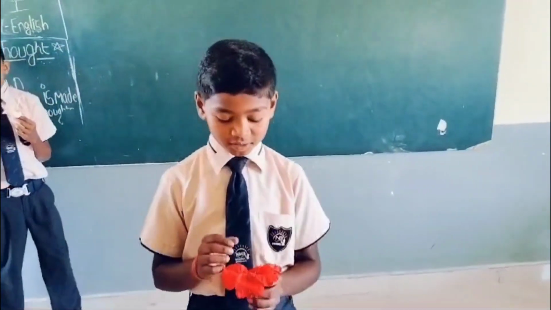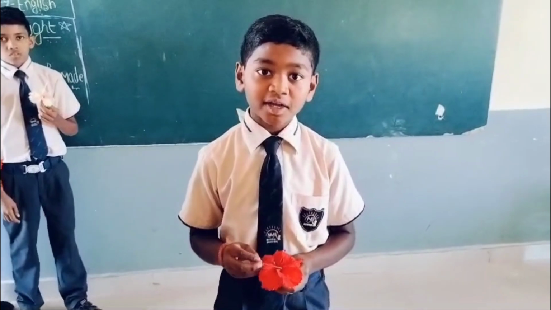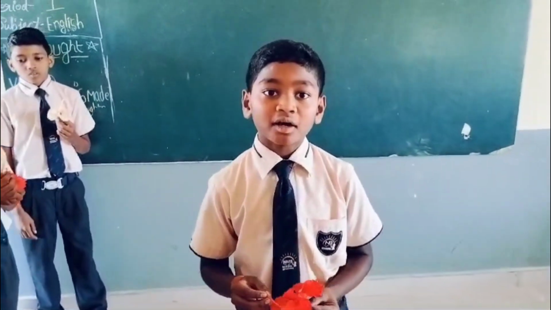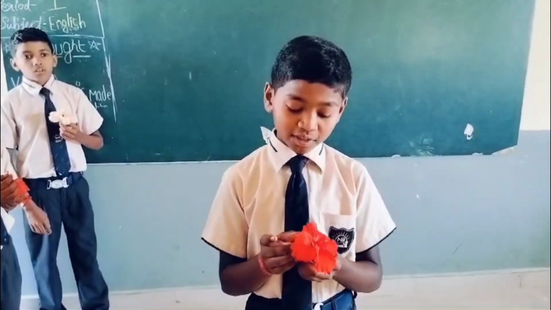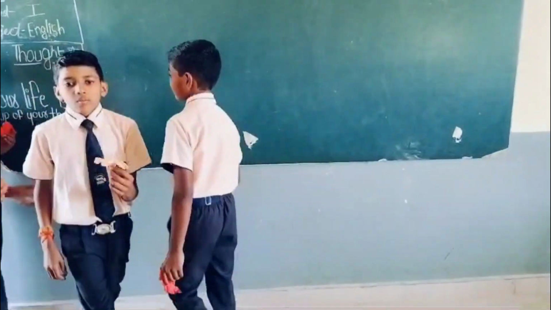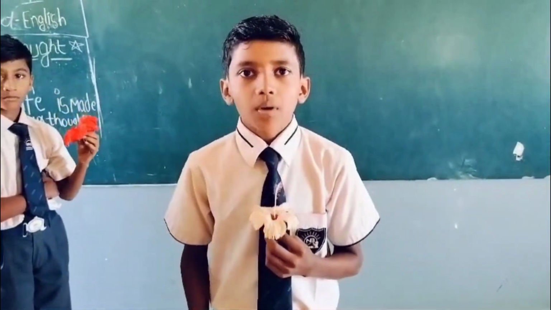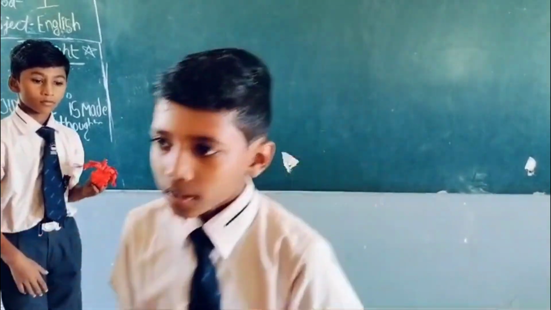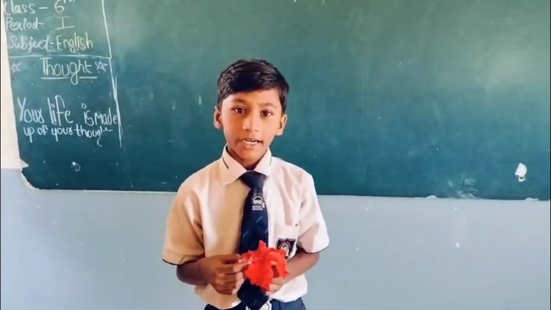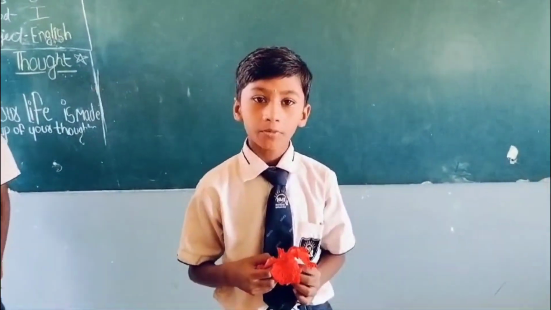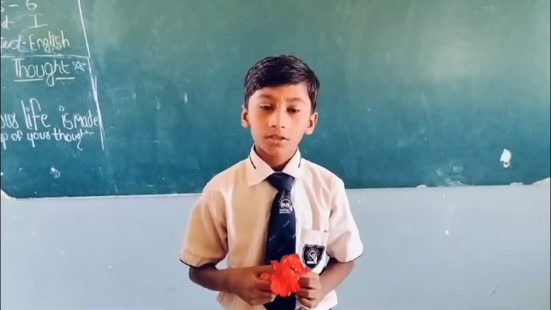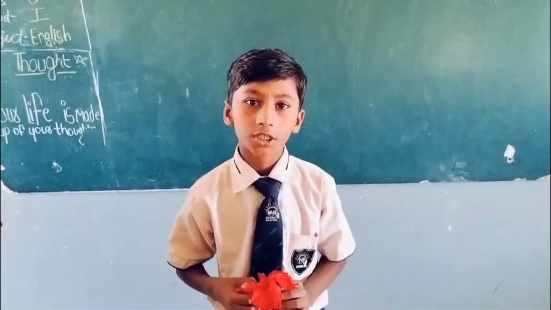Petal. Petal is the second part of a flower. It has different colors. It is also known as pankhudi in Hindi. Petals attract honeybees, butterflies and birds to collect nectar and for pollination.